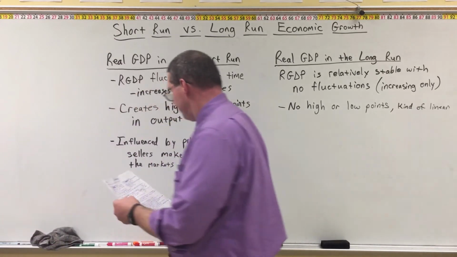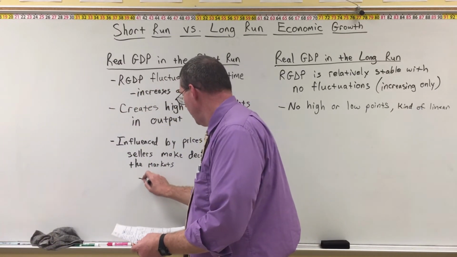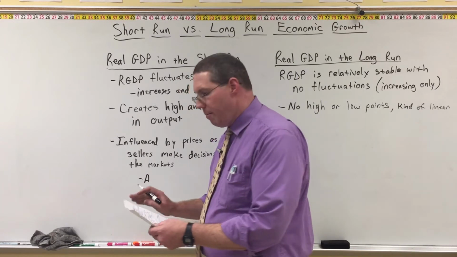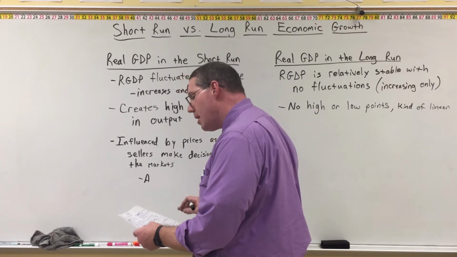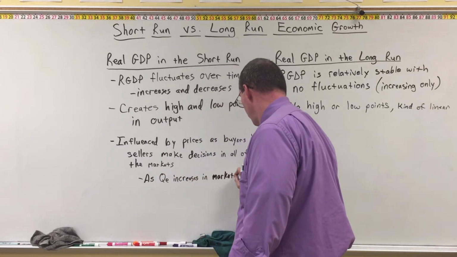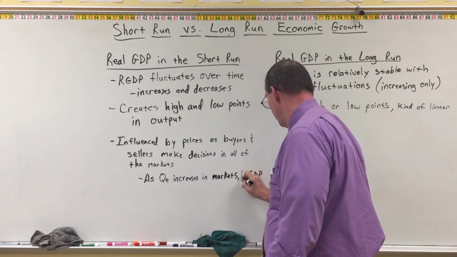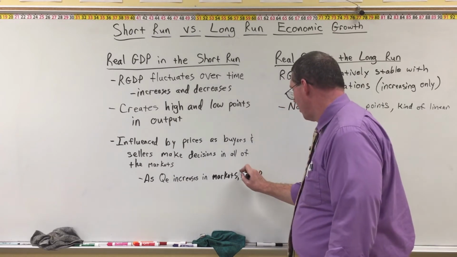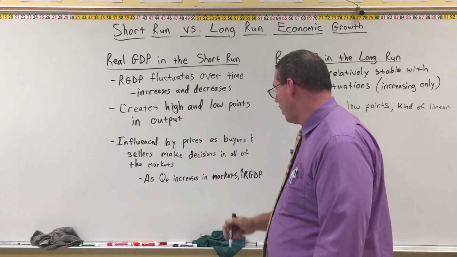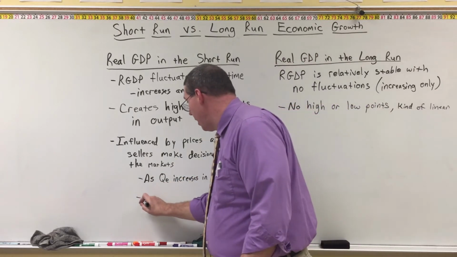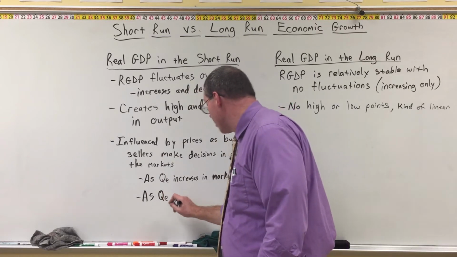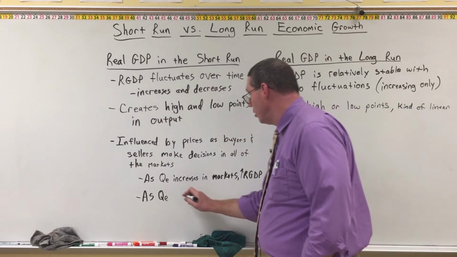So here's the deal. As equilibrium quantity increases in the markets, real GDP increases. So I'm putting an up arrow here. We'll have an increase in real GDP as equilibrium quantity in markets increases. But as equilibrium quantity in all the markets decreases, real GDP will decrease.